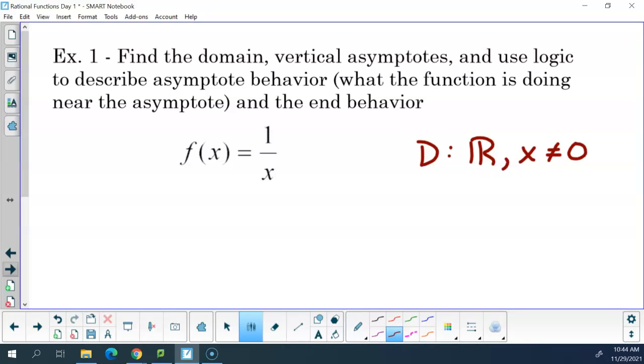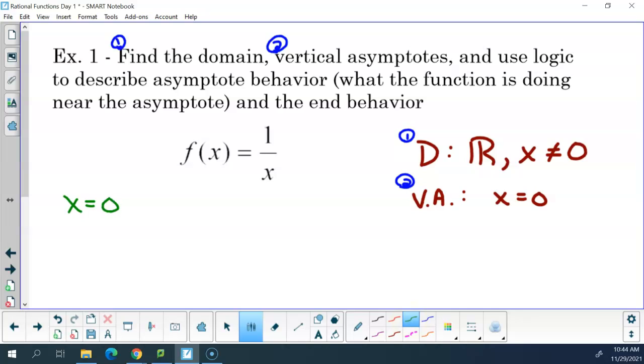What's my vertical asymptote? X equals 0. So this was number 1, this was number 2. And we said x equals 0 as our first thing.